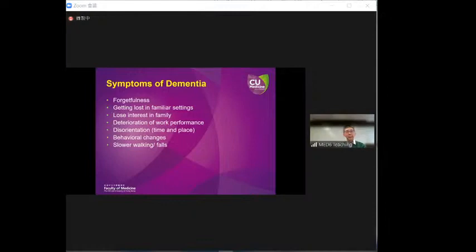Okay. And another point I want to highlight is the walking. People with dementia have problems with walking. Alzheimer's disease can affect the gait, and the gait becomes uneven.